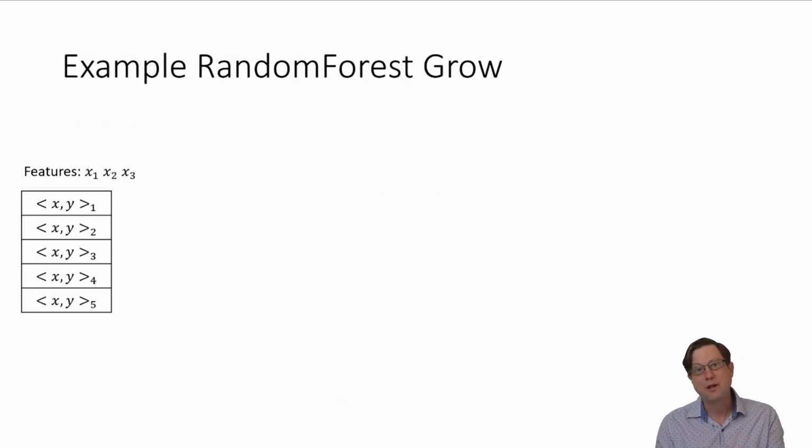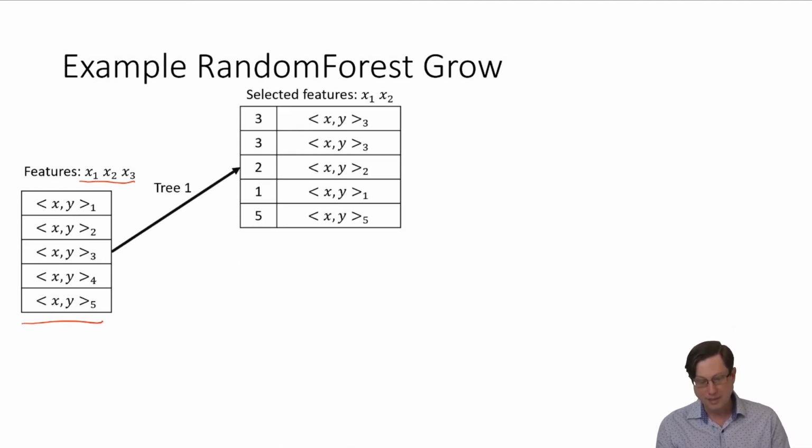Here's an example of what it looks like to grow a random forest. If this is the training data and X has 3 features, X1, X2, X3, for the first tree, you take your bootstrap sample, like we talked about, randomly, and you also randomly select several of the features to use.